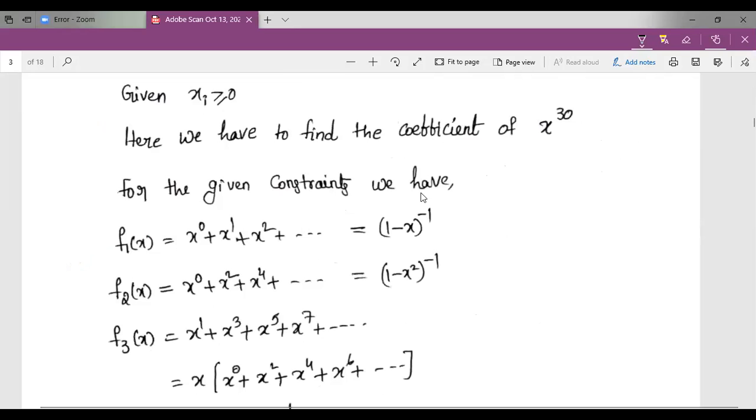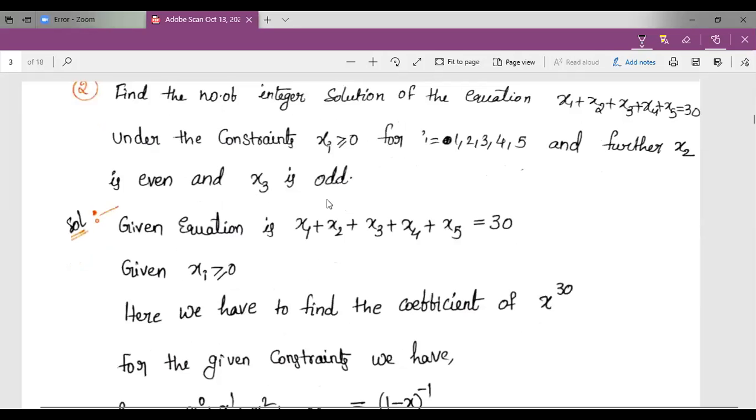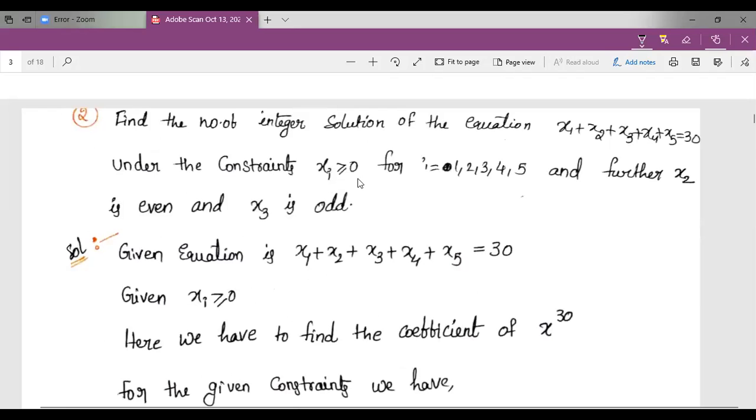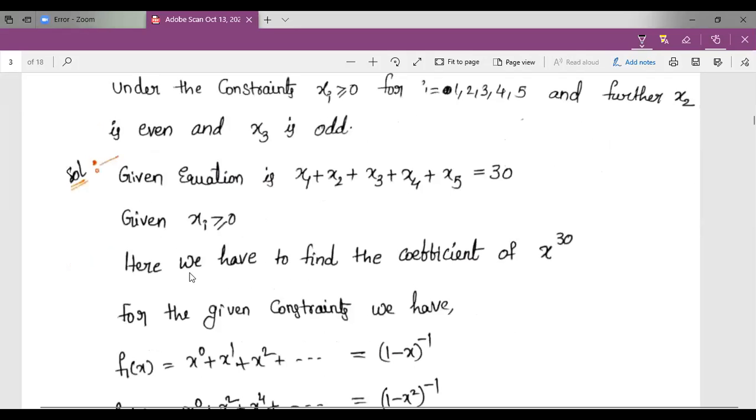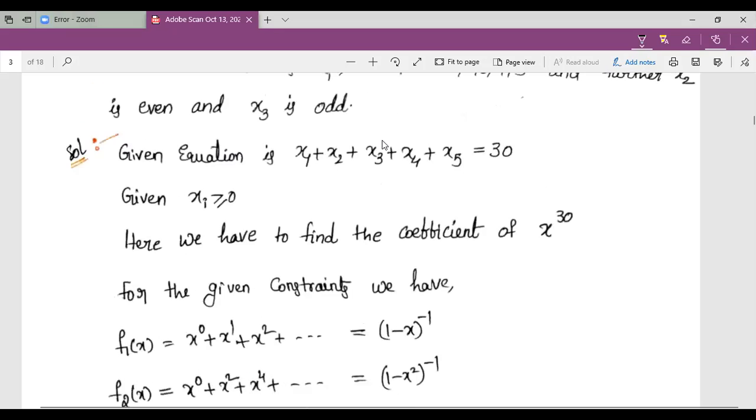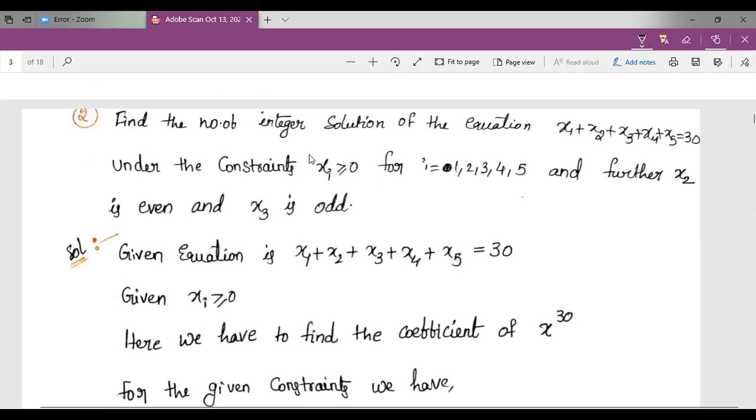For the constraint xi ≥ 0, what values does x1 take? 1, 2, 3, 4 and so on. There is no other condition, just xi ≥ 0, so we take the non-negative integer values that satisfy this condition.